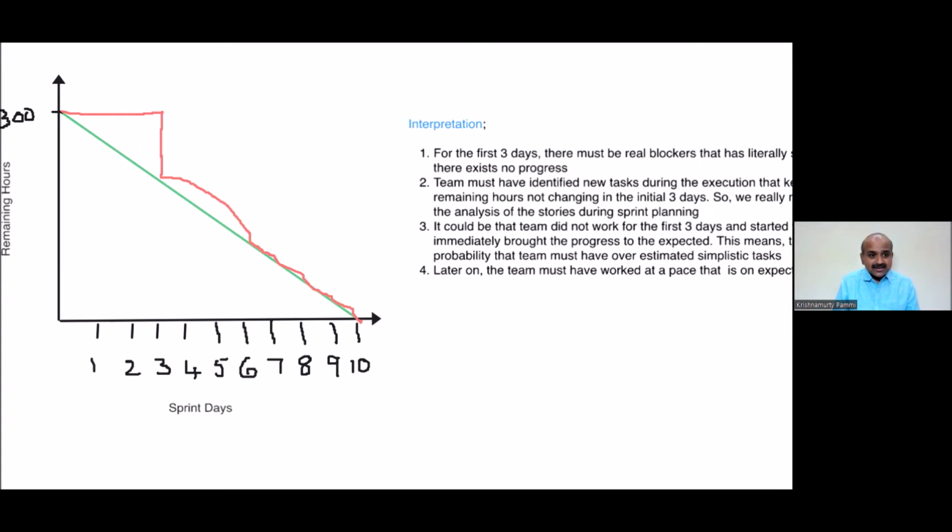So what does this mean? This means the remaining work is consistent because on the sprint planning day, the task identification was not done properly. That means more tasks were identified, unfolded, detected during the first 3 days of the sprint. Now the question is why? Why did it happen?